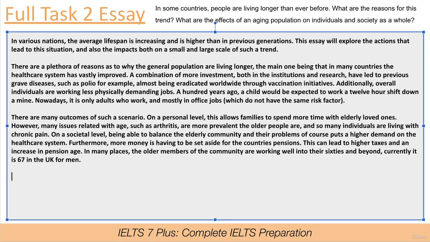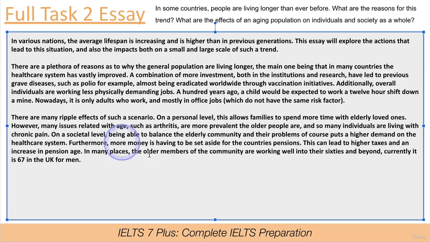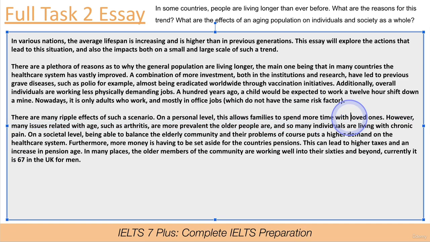Let's read this back and see how this one is sounding. There are many outcomes of such a scenario. Outcomes, I'm not sure. There are many, maybe ripple effects of such a scenario. On a personal level, this allows families to spend more time with elderly loved ones. However, many issues related with age, such as arthritis, are more prevalent the older people are.